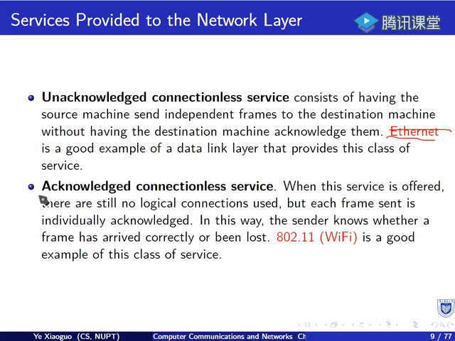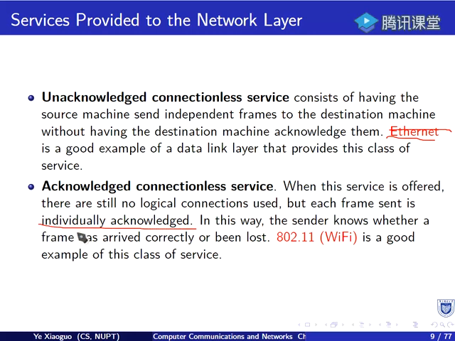The second one is acknowledged connectionless service. When this service is offered, there are still no logical connections used, but each frame sent is individually acknowledged. That means if the receiver receives one frame, then an acknowledgement should be sent to the sending machine.